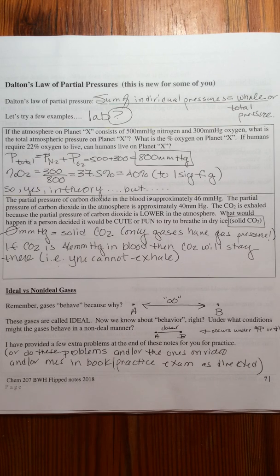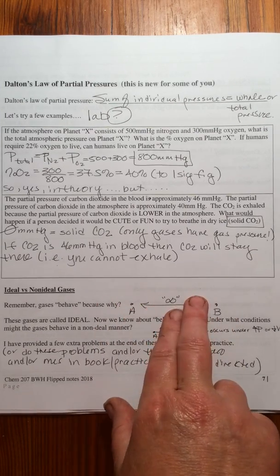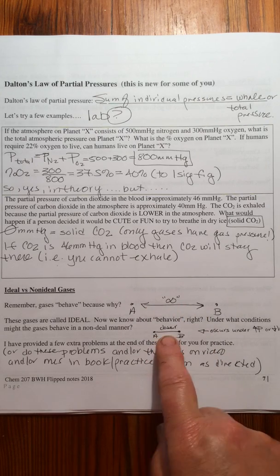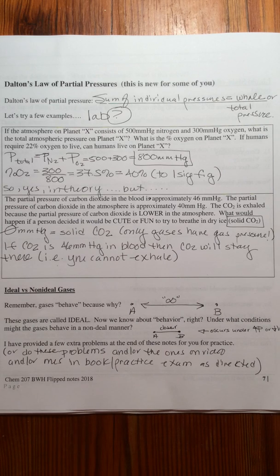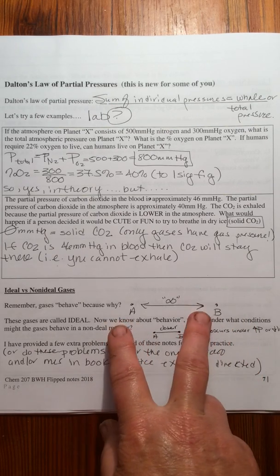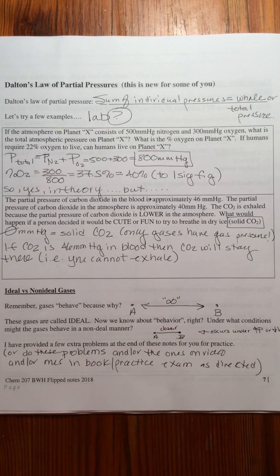P1V1 equals P2V2, V1 over T1 equals V2 over T2, etc., etc. When you take particles and you smush them closer together under high pressure or low volume, then the gases become non-ideal.